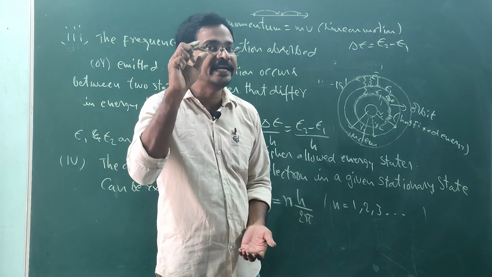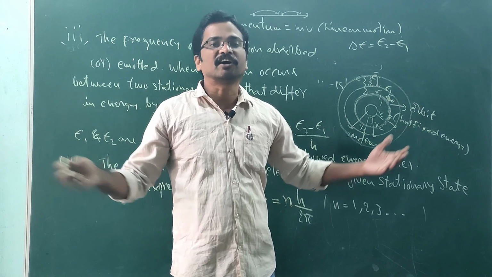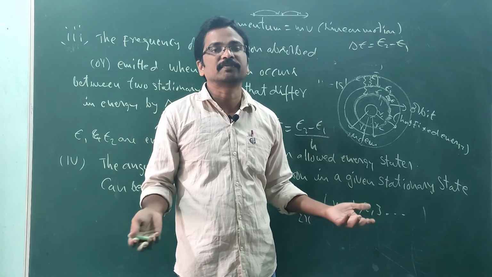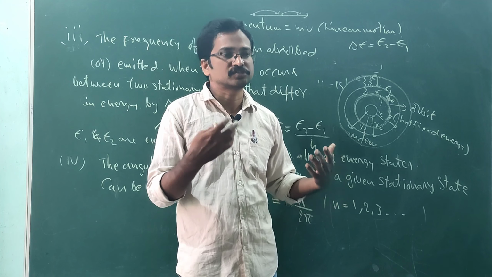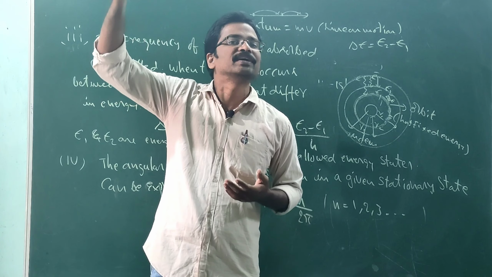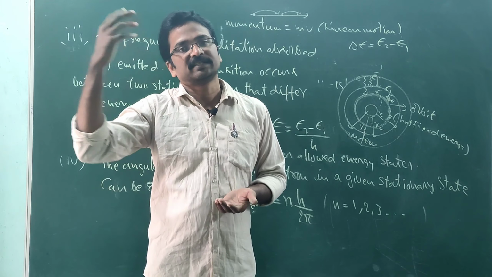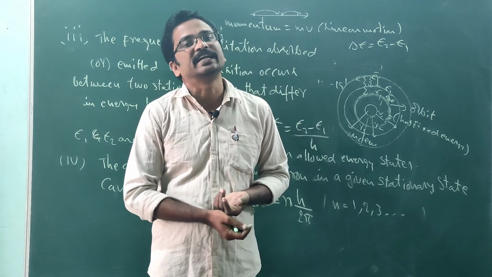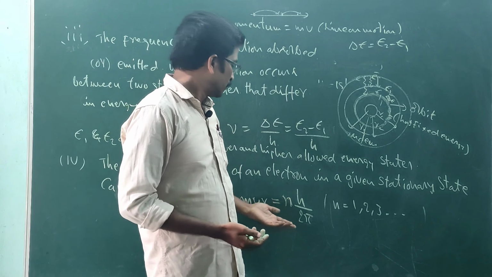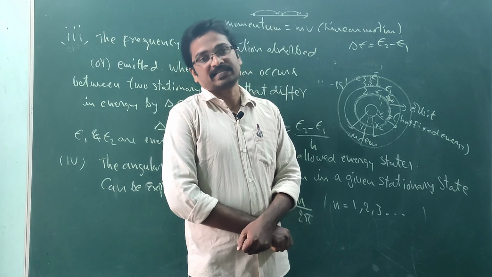The basic ideas are introduced in intermediate, but the detailed concept for the hydrogen atom and other things are not here. These are present at higher levels, in post graduation, where they give in detail how mvr is equal to nh by 2 pi is proved and how it is correct.